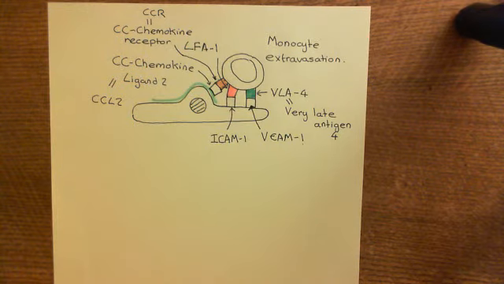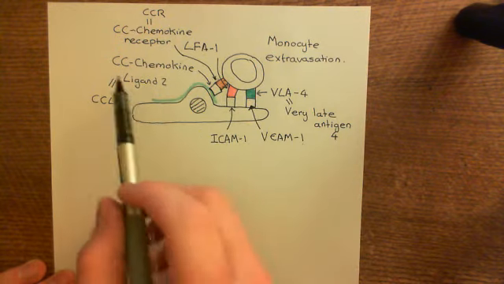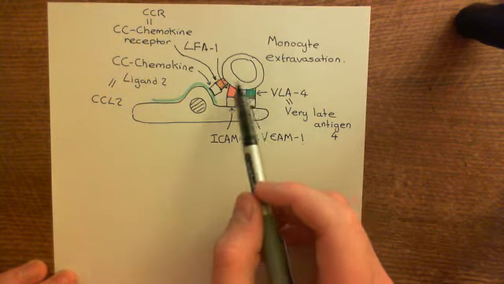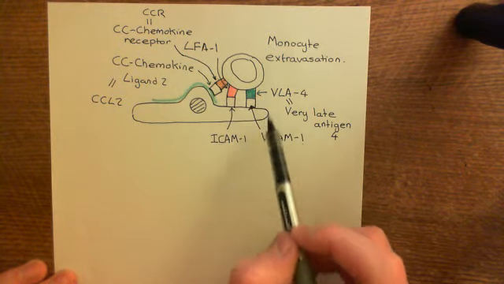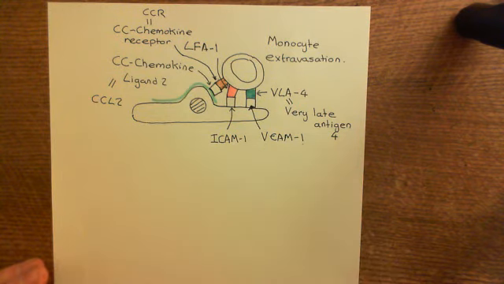Type 2 activation turns off the E-selectin, it turns off the CXC chemokine ligand 8, and it replaces it with ICAM1 and VCAM1 and the CC chemokine ligand 2, which instead of targeting neutrophils, targets monocytes, which will diapedese across the endothelium and differentiate into macrophages. Okay, so that's it for this video.